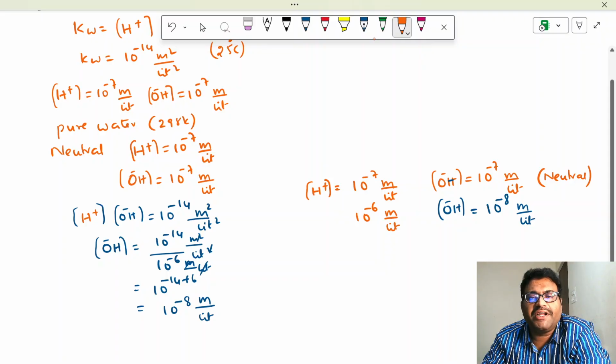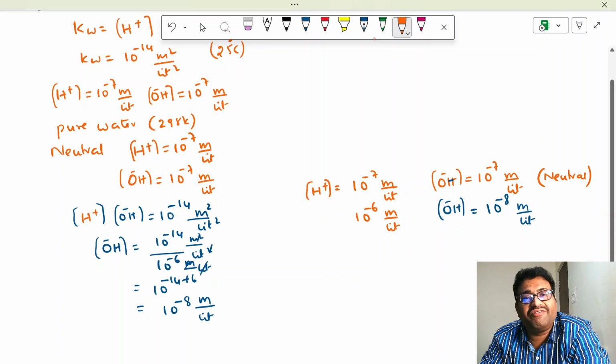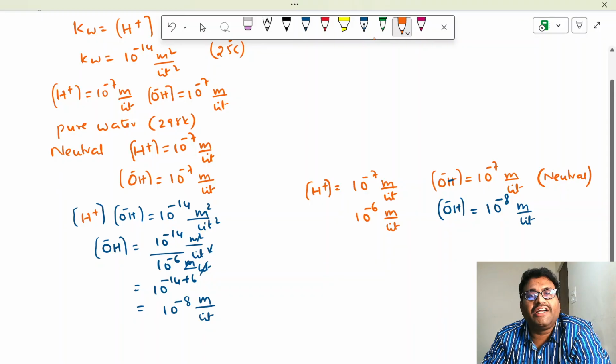And if OH minus ion concentration is less than 10 power minus 7, that is again acidic solution. So acidic solution can be defined in two ways. One way is that it should contain H plus ion concentration greater than 10 power minus 7, or it should have OH minus ion concentration less than 10 power minus 7.